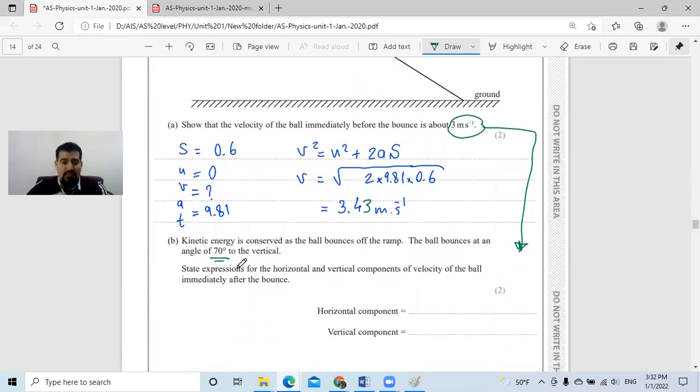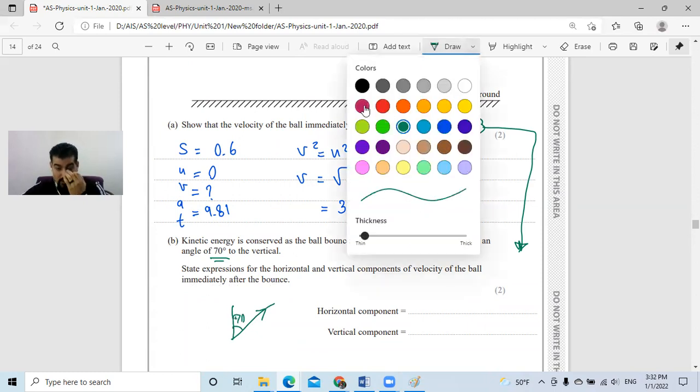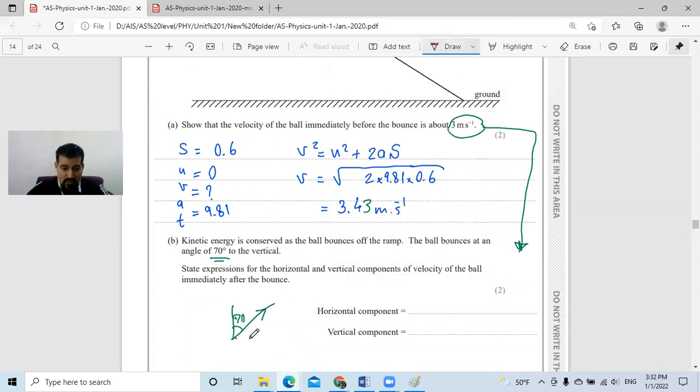State expressions for the horizontal and the vertical components of the velocity of the ball immediately after collision. As it bounces with an angle of 70, we have two velocities, one horizontal and one vertical. This is the horizontal and this is the vertical.